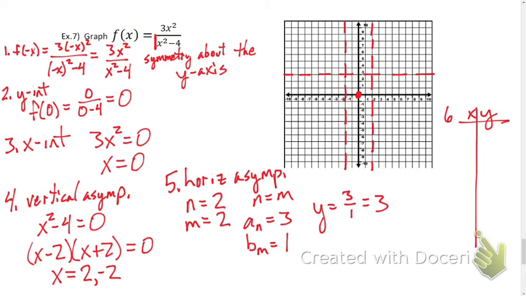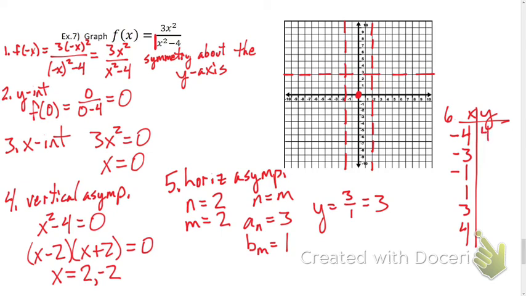I picked -4, -3, -1, +1, and 3 and 4. Maybe take a minute and practice plugging those into the equation. See if you get the same. It's a little more difficult because you're squaring.